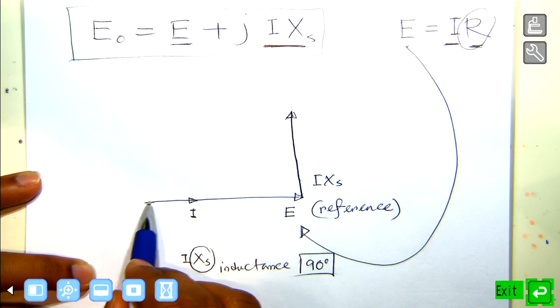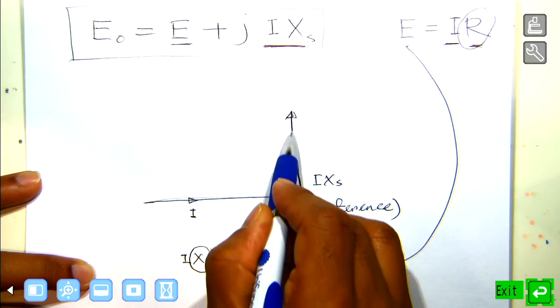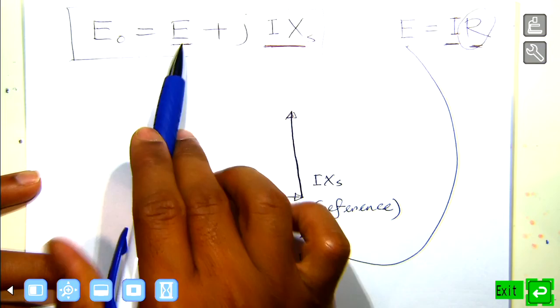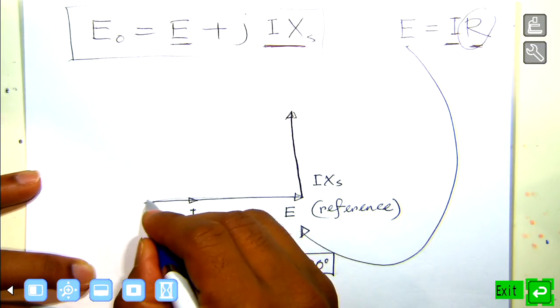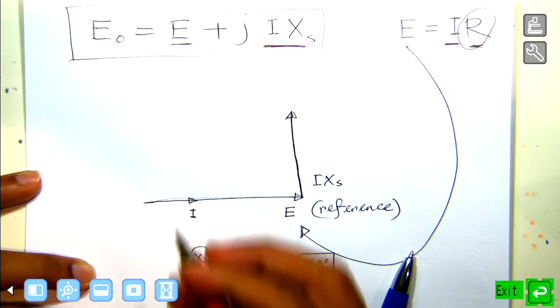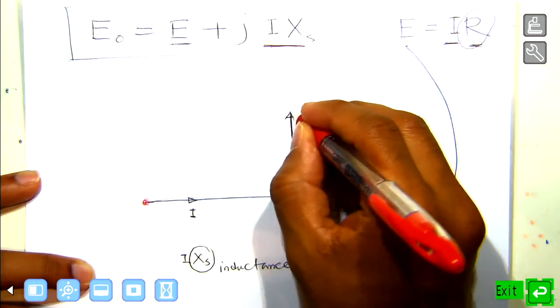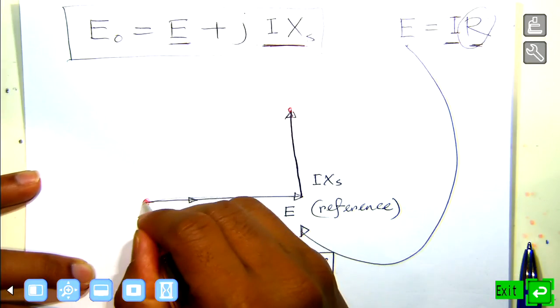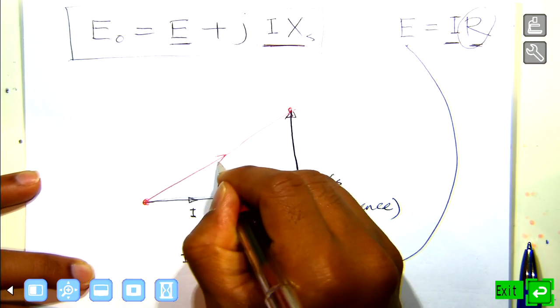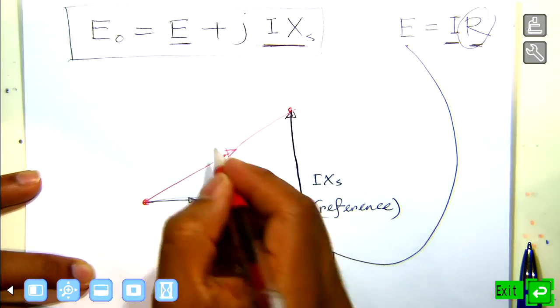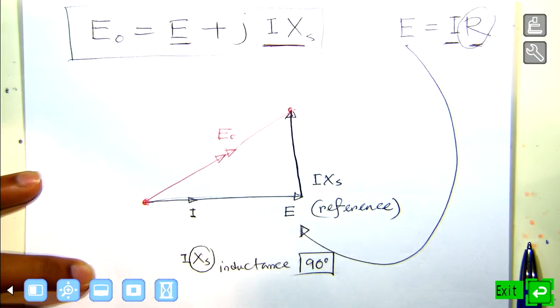So once I have E plus JIXS, if I connect these two terminals from start to bottom, this is the vector summation of these two. And that gives me E naught.